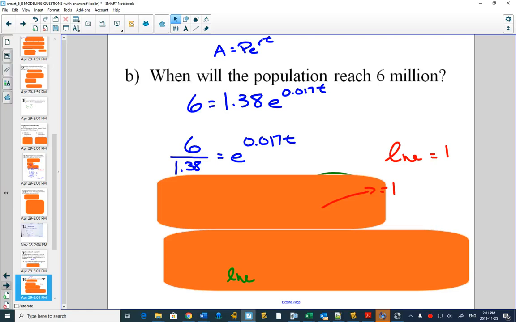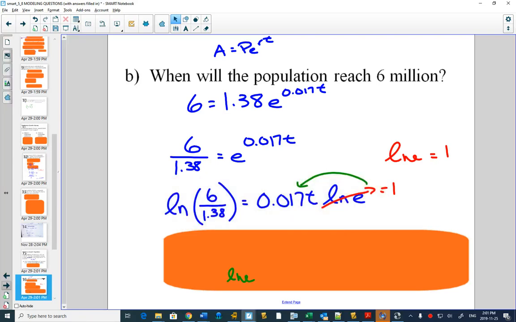Since the base is e, and I'm solving for an exponent, I have to take the log of both sides, but it makes sense to take the natural log of both sides. And my log law says that I could bring that exponent out in front. That leaves natural log of e all by itself, and natural log of e is equal to 1.